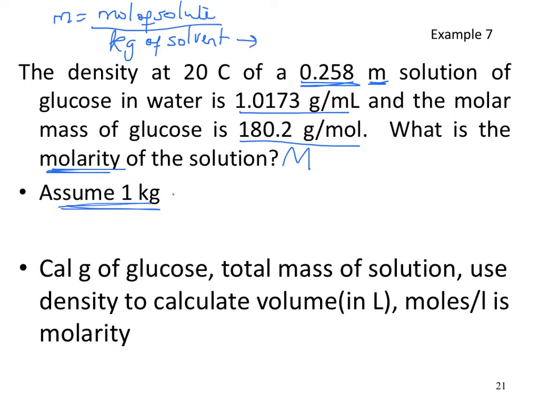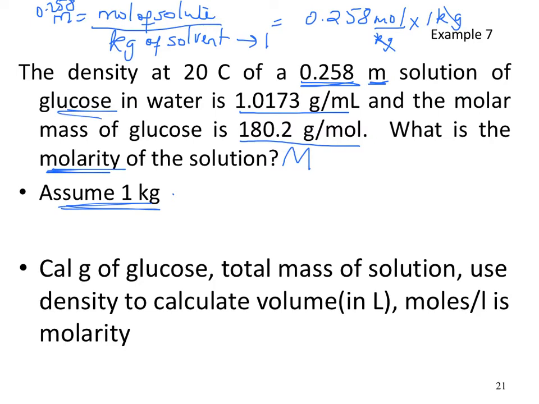So if this is 1 kilogram, then whatever is my value, 0.258 is the value that I have been given with. I can simply say that moles of solute would be 0.258 moles, since kilogram and kilogram is going to cancel off. So I can say times 1 kilogram, kilogram cancels, and 0.258 moles is the moles of glucose that I have.